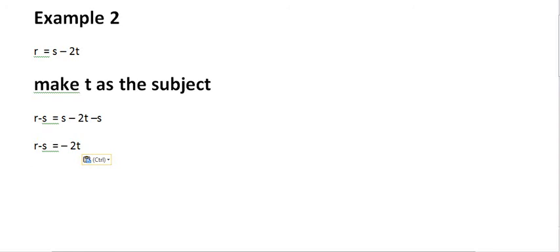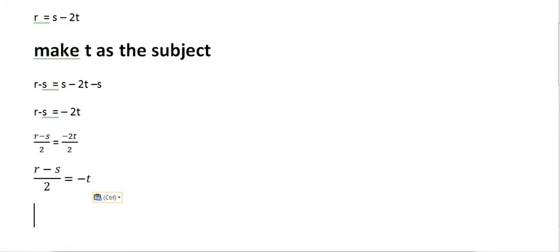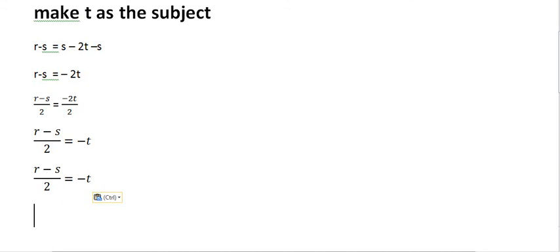Okay, now next is to remove the coefficient 2. As we did earlier, we divide both the sides by 2, and what we get is r minus s upon 2 is equal to negative t.